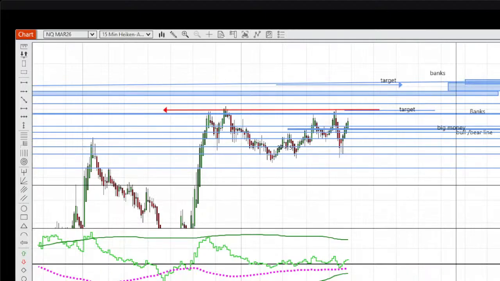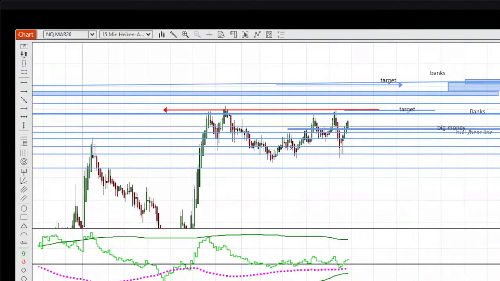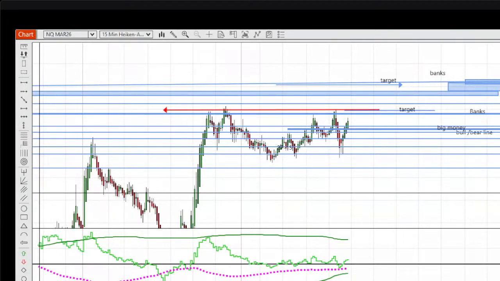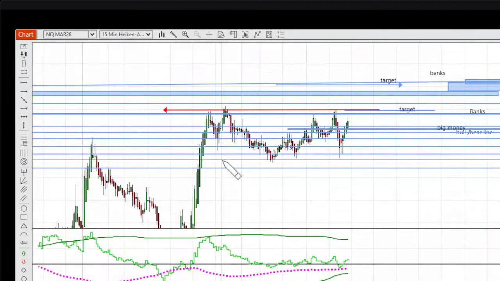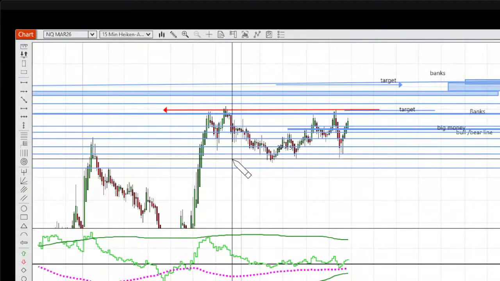Where's your bear line? And then down here at the bottom, guys, it's another thing that's really crazy this morning too. From 293, so 292 and 293. Where's that at? Let's go see if we can find this one. 293.